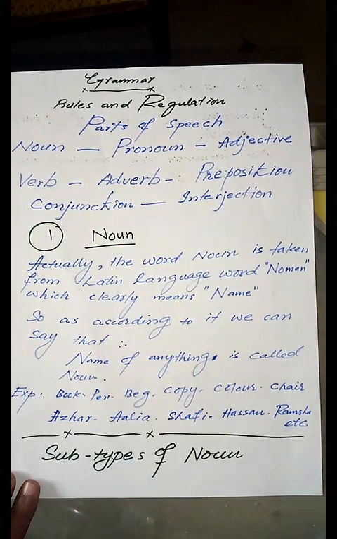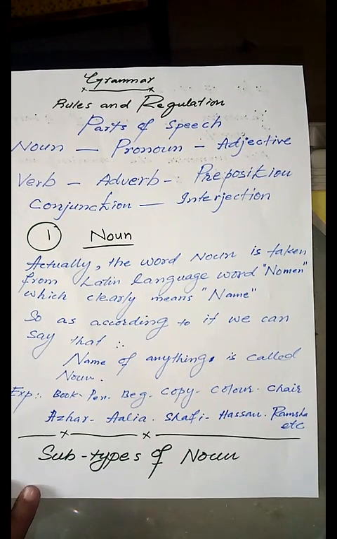Okay students, you can see many things with your eyes at home, at school, at the park, at the market, at many places. Each thing that you watch with your eyes is called noun.